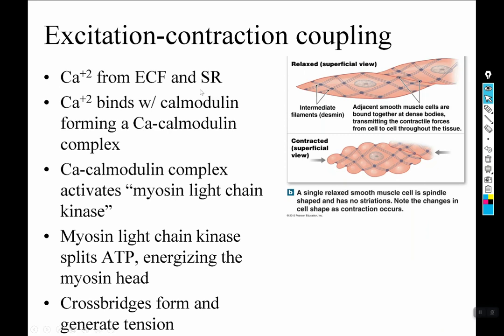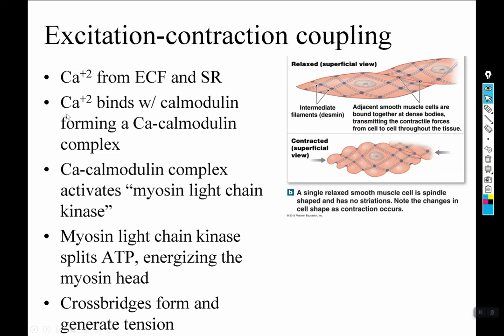We do still call it a sarcoplasmic reticulum, though, which is a little bit silly, but that distinction is not super important. As long as you understand that it's a smooth endoplasmic reticulum that is modified to store calcium, you're good. So calcium from the extracellular fluid enters the cytoplasm, and it also leaks out of the sarcoplasmic reticulum.